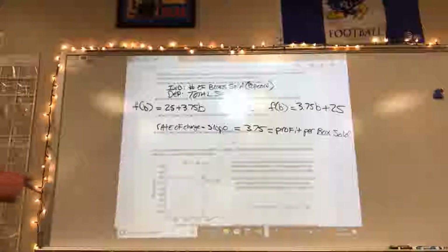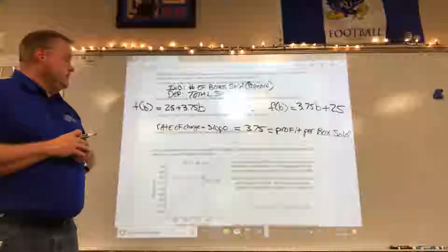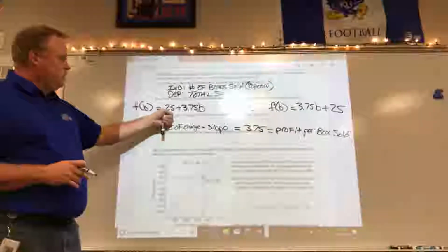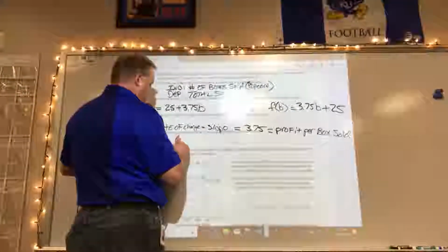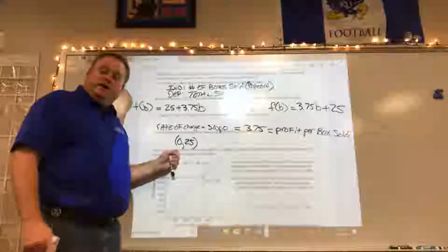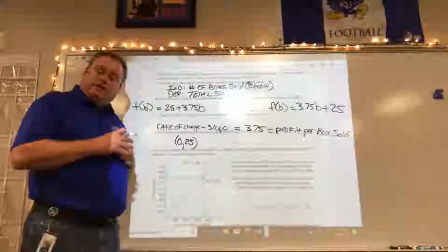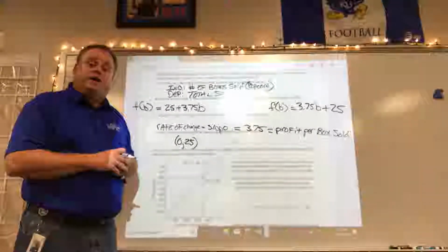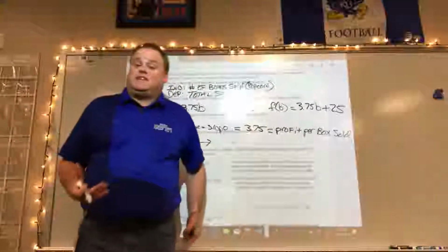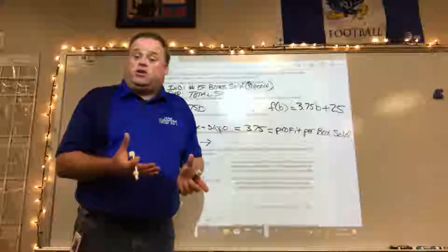Okay? Now, what is the y-intercept and what does it represent in this problem situation? Well, my y-intercept is 25. So remember, my y-intercept is when x is 0, my y is a value, so that's 0, 25. And what does it represent? Well, it represents how much sales I have at the starting point.